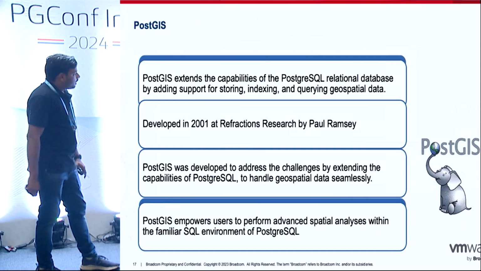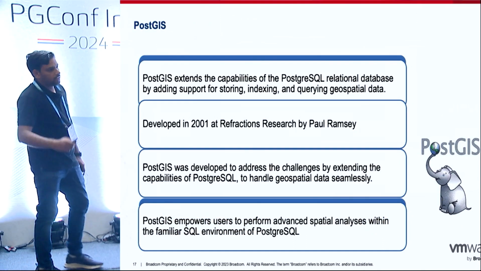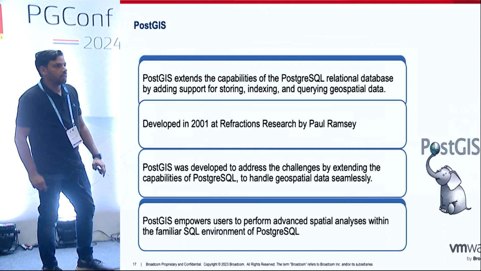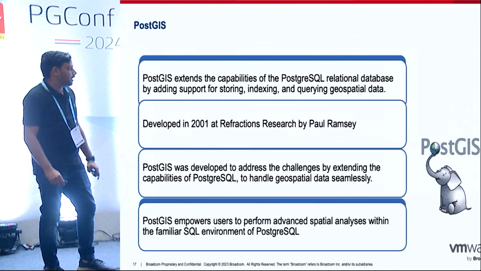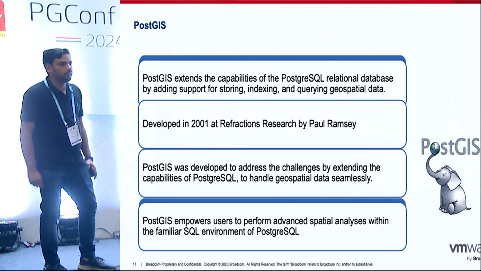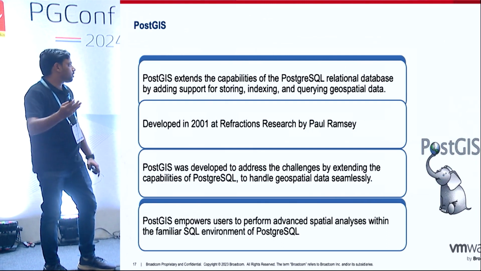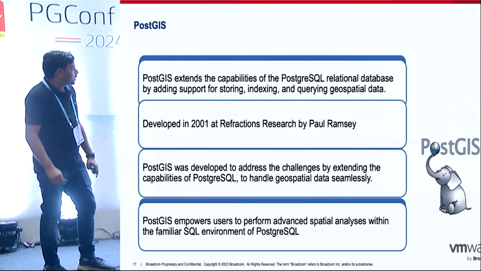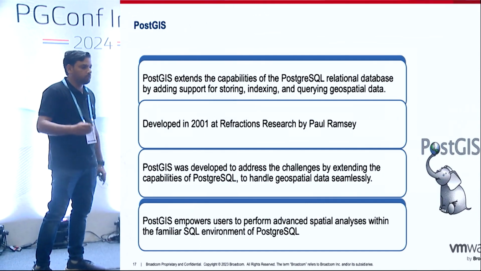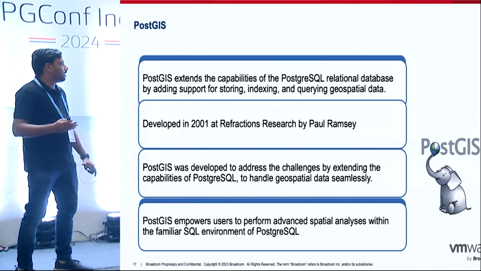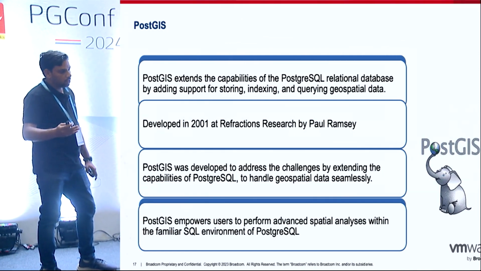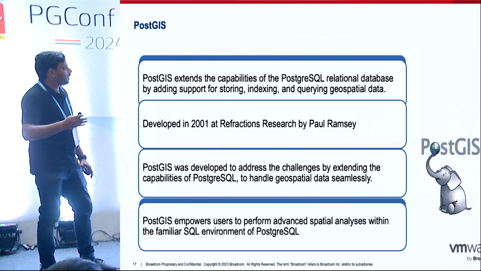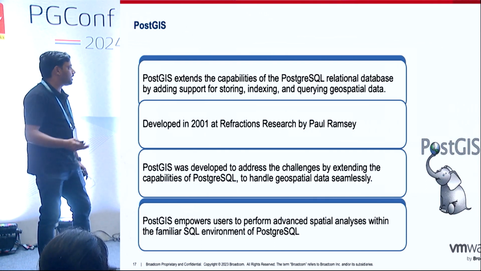If you are developing an application on PostgreSQL and you want GIS capabilities in it, if you are dealing with maps and so on, you can install the PostGIS extension on top of PostgreSQL. It extends the capabilities to store geospatial data, index it, and query it based on our requirements, for analysis and similar tasks.